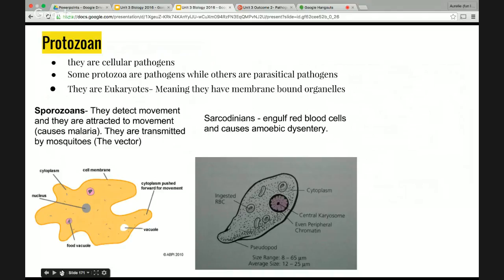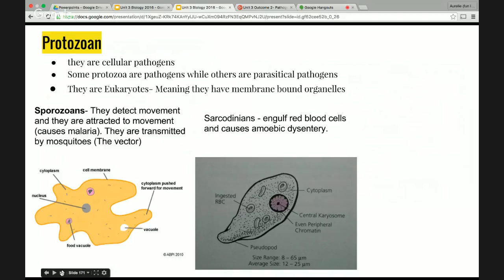Now, protozoans are eukaryotes, meaning they have membrane-bound organelles, unlike bacteria, which are prokaryotes. So one type of protozoan that is pathogenic is sporozoans.